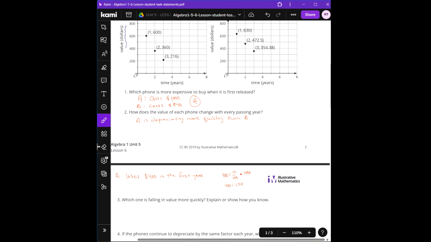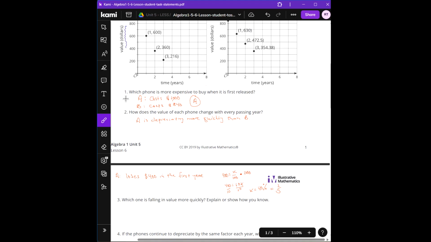We divide both sides by 10, and then x is equal to 40%. And then 40% is going to equal 2/5. And so that is A.